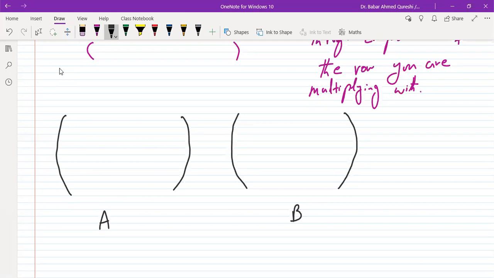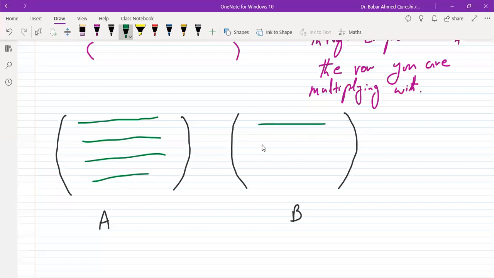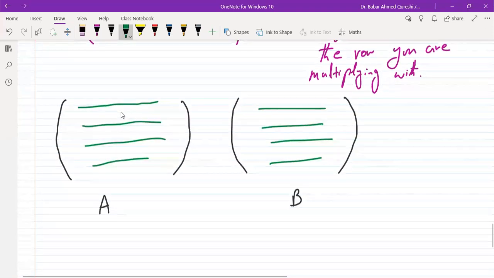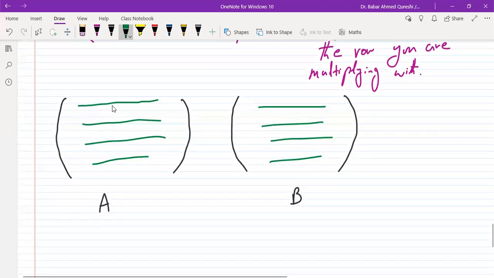Now we are thinking of them as rows into rows. You have these rows here and rows here. You apply the rule, you start with each row over here in A, and you use the above rule how to get a new row.